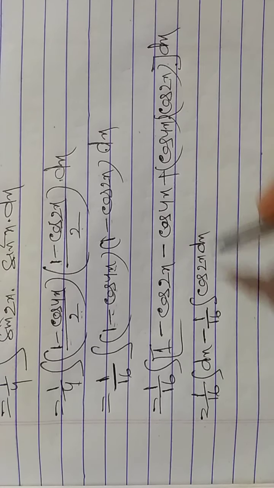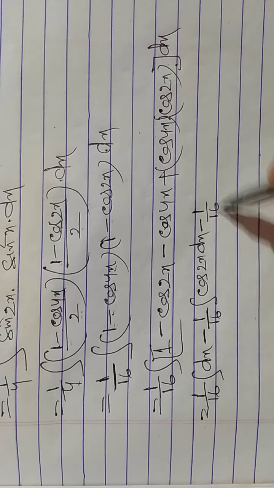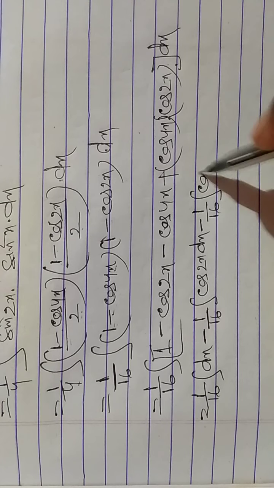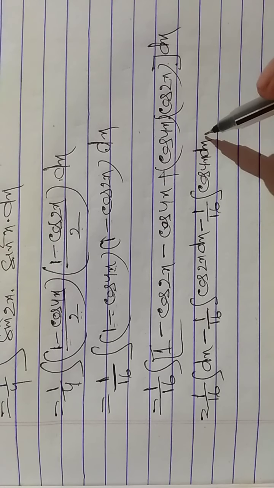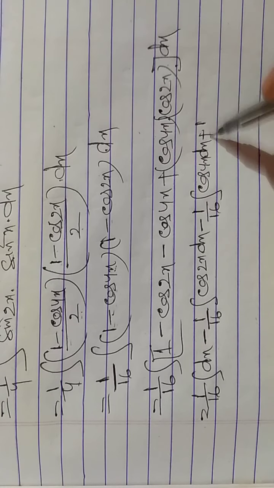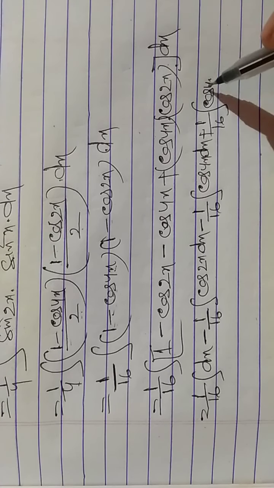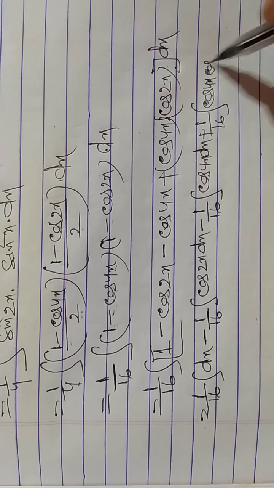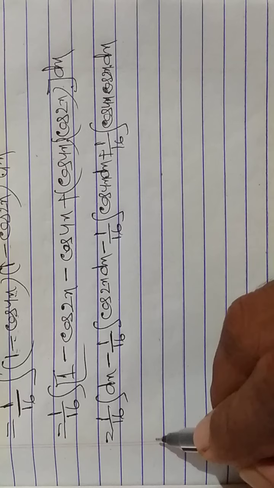This is equal to 1/16 integration of dx minus 1/16 integration of cos 2x dx, minus 1/16 integration of cos 4x dx, plus 1/16 integration of cos 4x into cos 2x dx.